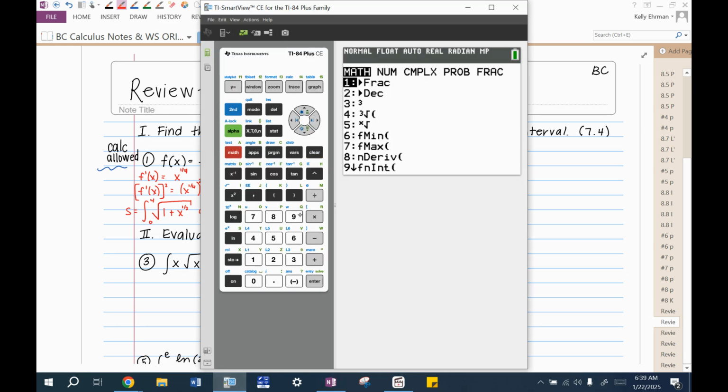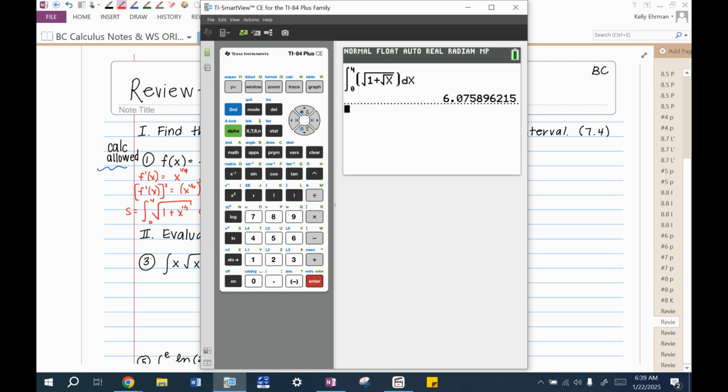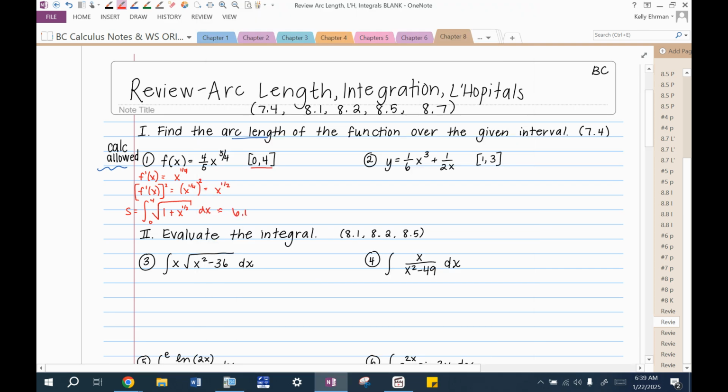So I'm going to hop over to my calculator. 0 to 4. Square root of 1 plus x to the 1/2 is square root of x. So I'm getting approximately 6.076 for that first arc length.